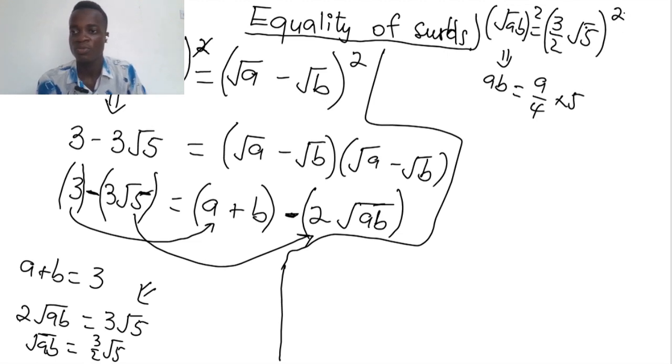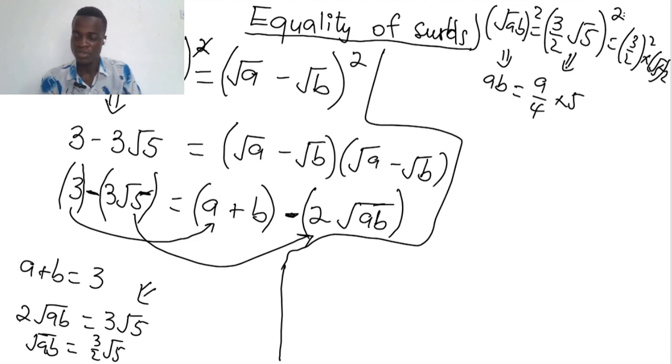This is the same as 3 over 2 all squared times root 5 all squared. So when you do that, you are going to have this. If you put it in your calculator, then you finally have something like this. So our ab is equal to 45 over 4.